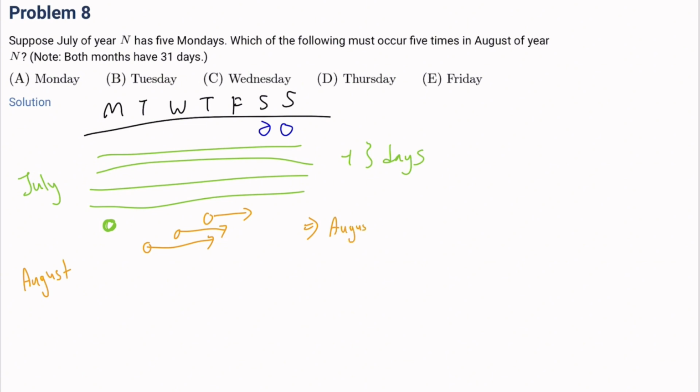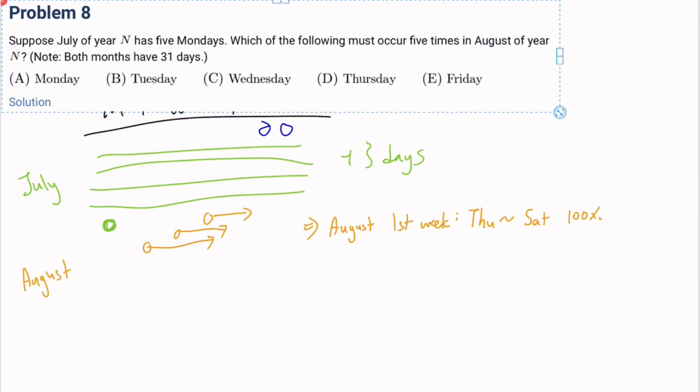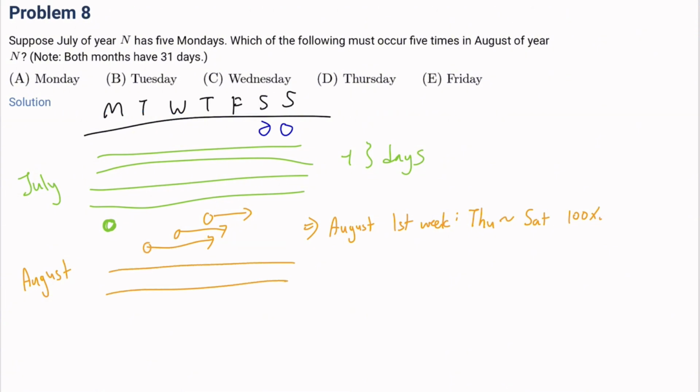So that means August's first week has Thursday to Saturday, and this is 100%, right? Because in any case, Thursday to Saturday will be in the first week of August. And August also has 31 days. If we say that August has 4 weeks like that, so we have the first week, and then the second, third, and fourth week, and then our gaps, let's say the gaps are bright blue, we can have a gap of 1 day, or a gap of 2 days, or a gap of 3 days, right?